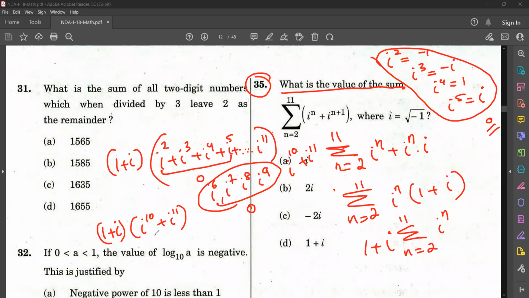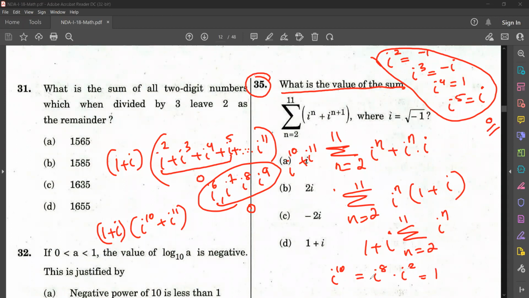What is i^10? How to solve i^10? i^10 means i^8 into i squared. i^8 is what? i^8 means i squared raised to 4, isn't it? i squared is minus 1, so minus 1 raised to 4 will become positive 1.